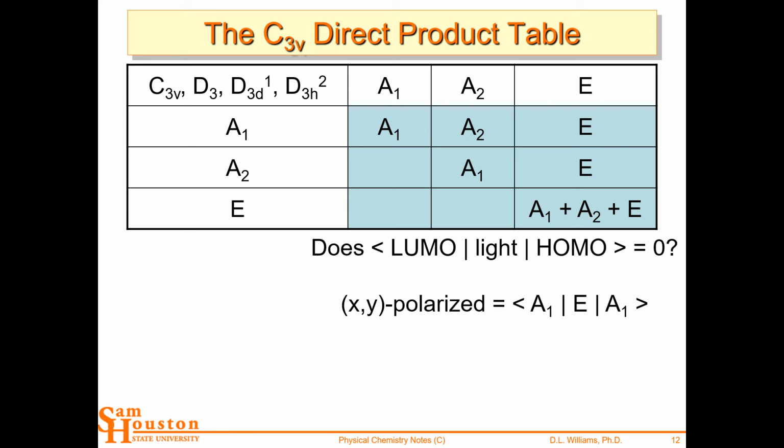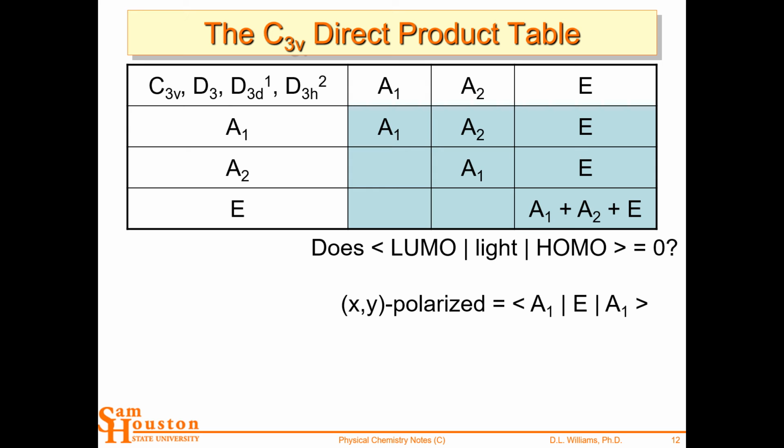Here's the direct product table for all of these point groups. And so you have C3v or D3 or D3d or D3h. And then here are your three Mulliken notation rows in those character tables, and these three rows times three rows are all of the multiplications.